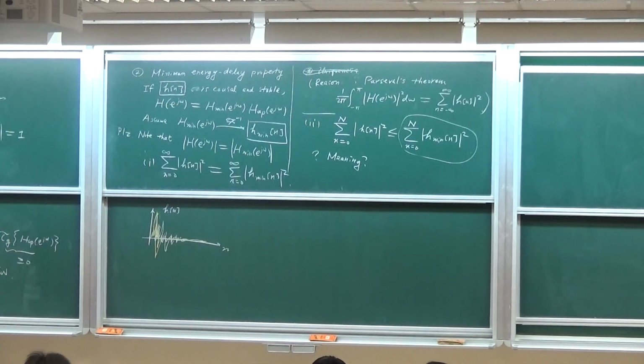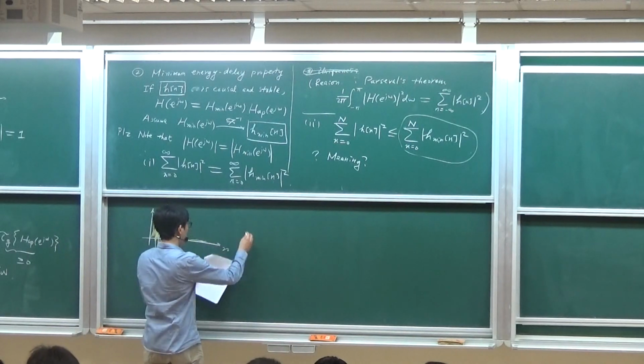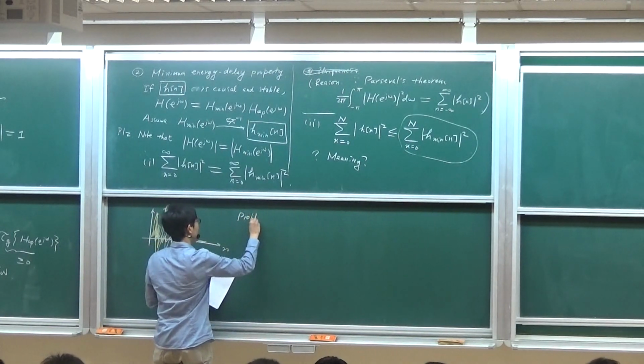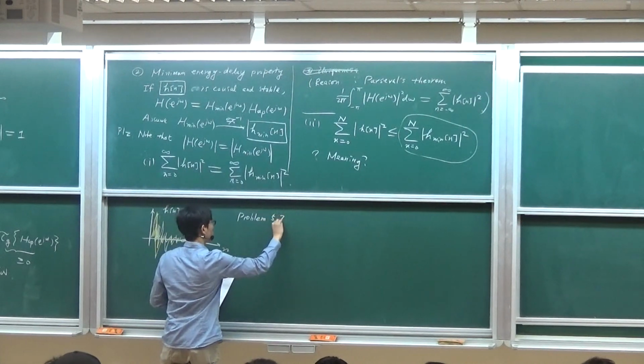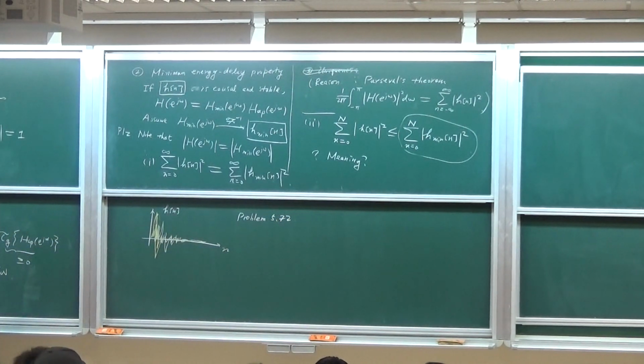Any questions, any comments so far? Anything that is not clear? I'll just skip the proof. We don't have so much time. If you're interested, work out problem 5.72. There is actually an exercise which guides you through the proof.